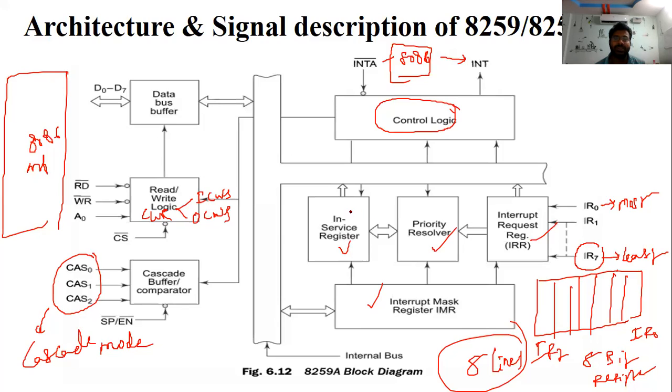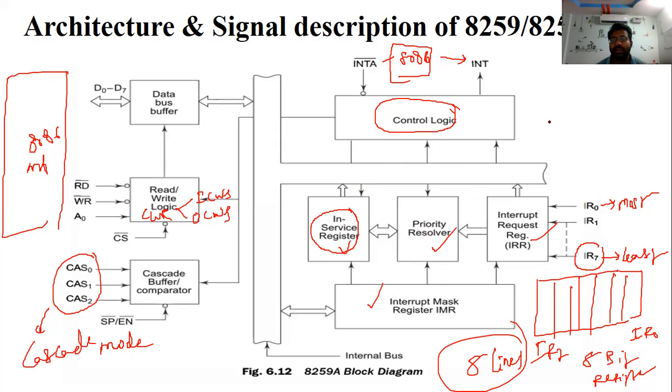By seeing the in-service register, you know which interrupt device is being executed, for example IR3, IR4, IR5, so you know which interrupt request the 8259A is executing. The priority resolver resolves which device we are giving preference to.